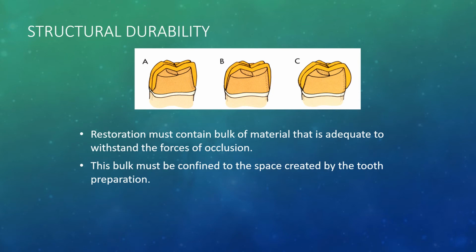In an attempt to restore this, you must also ensure that the restoration is able to withstand the forces of occlusion. The bulk that you prepare must be confined within the tooth preparation. What happens if you over prepare the axial surface or the outside tooth structure? You lose more of the enamel, and you don't want your crown to be seated on a restorative material.